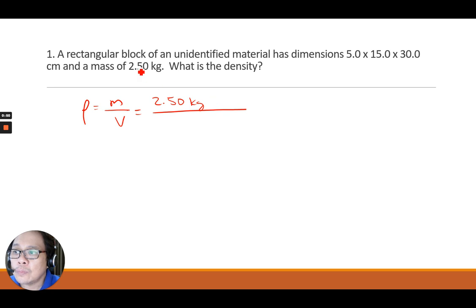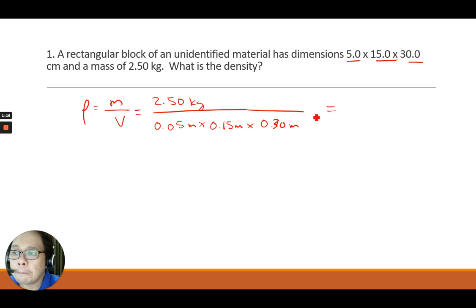For the volume, this is a rectangular block, so we do length times width times height, but we need to convert this to meters. So in meters, this would be 0.05 meters, 15 would become 0.15 meters, and 30 cm would become 0.30 meters.